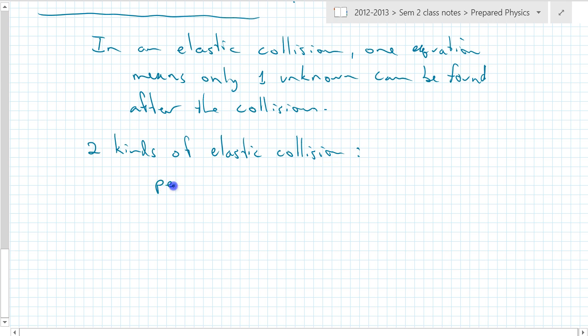There's what's called a perfectly elastic collision, where kinetic energy is conserved.